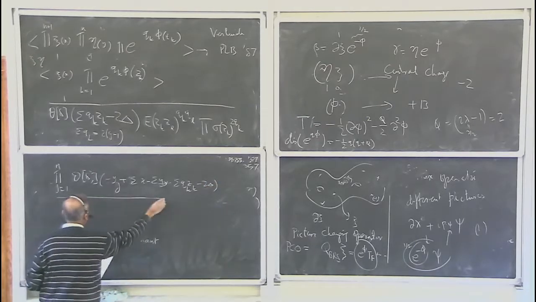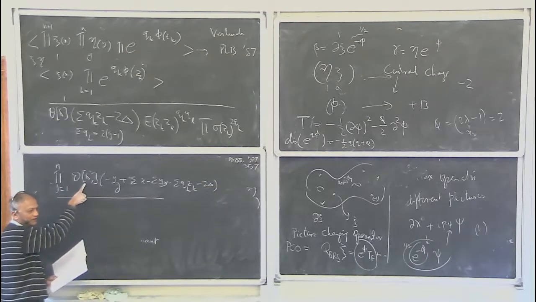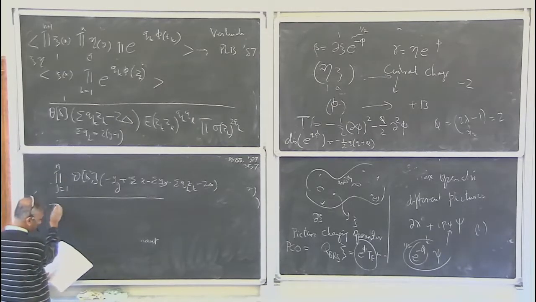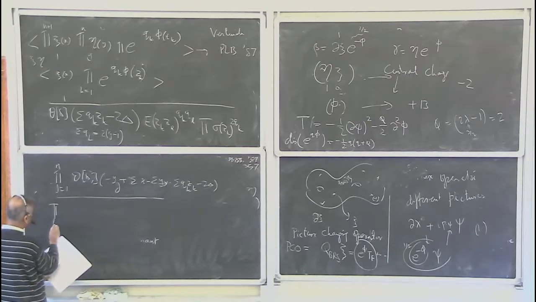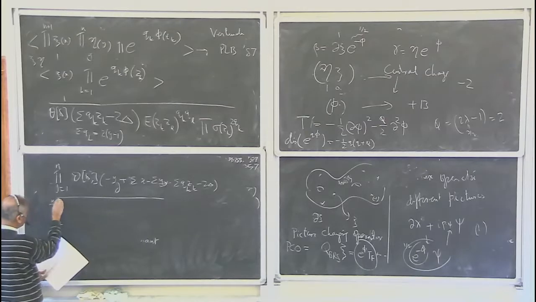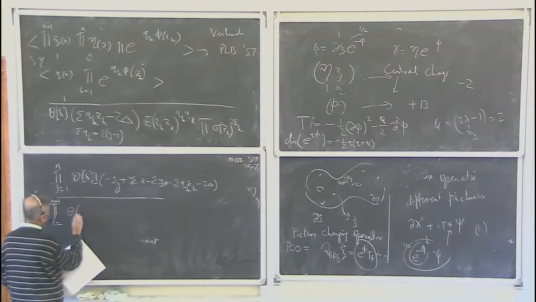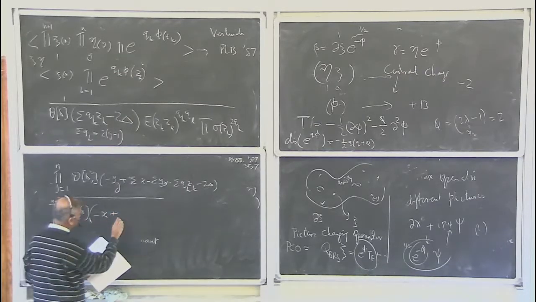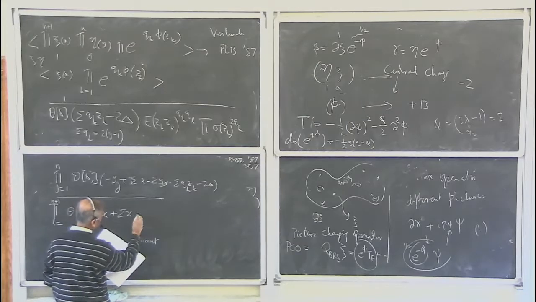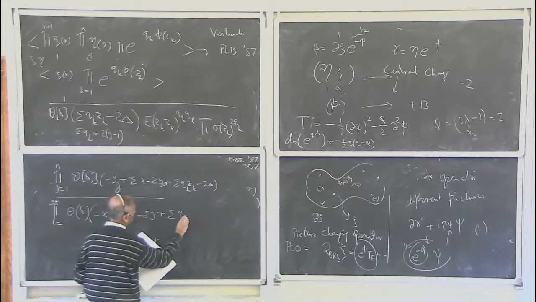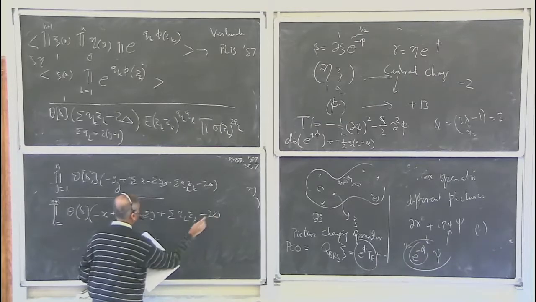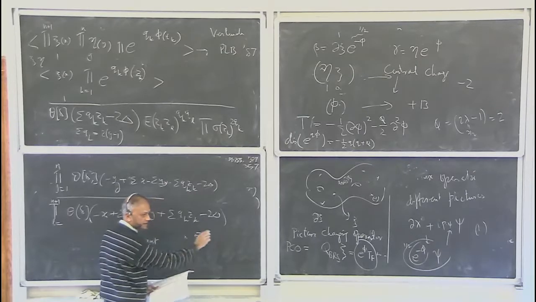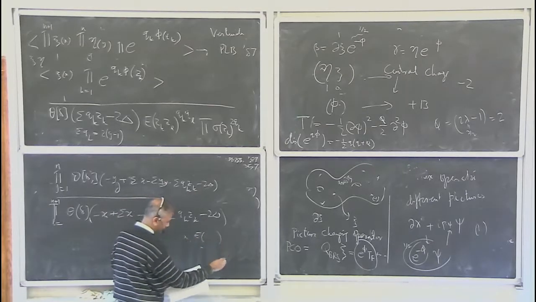See, so now there are many theta functions appearing in the numerator, right? As many as n in the numerator. The denominator is also, yeah, again a lot of theta functions. There are n plus 1 theta functions here. And then here, there are some, but it's not very illuminating to write down this formula. Apart from that, of course, you have products of various prime forms, etc. So lots of prime forms here, and the sigmas and so on.